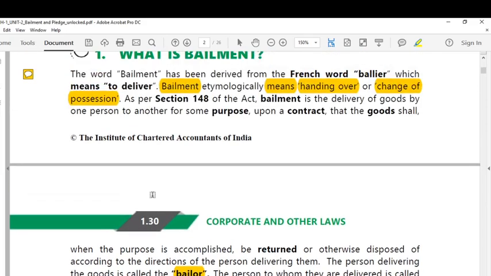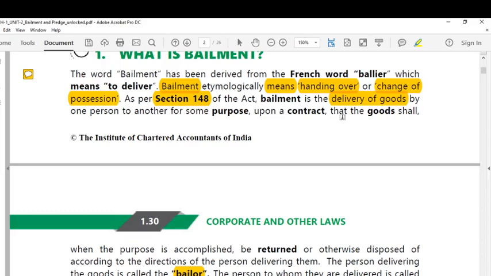If you look at the meaning of bailment once again, as per Section 148, bailment is the delivery of goods. This is the crux of it. Delivery of goods by one person to another, either for some purpose or upon a contract, right?